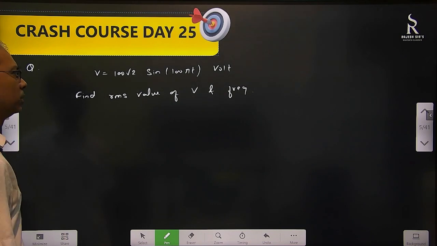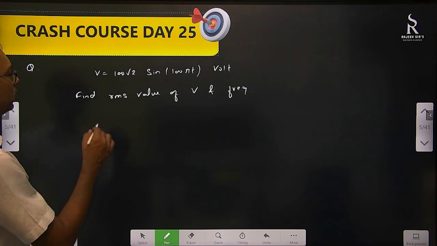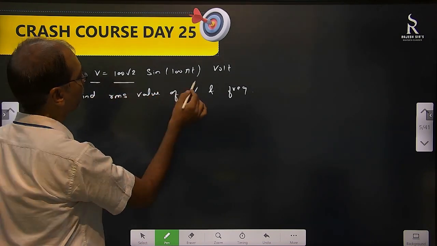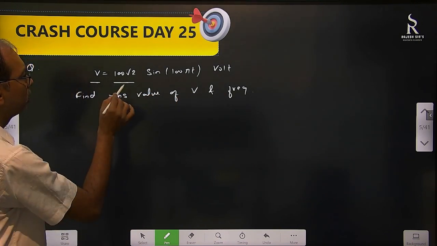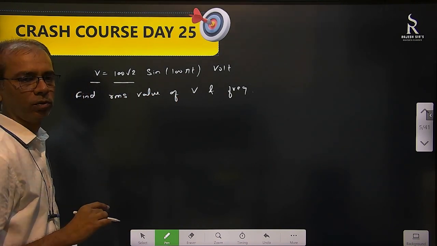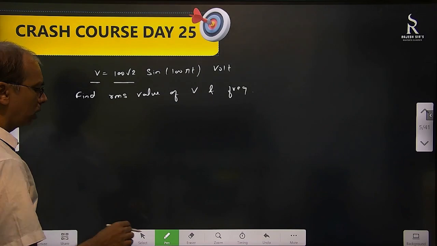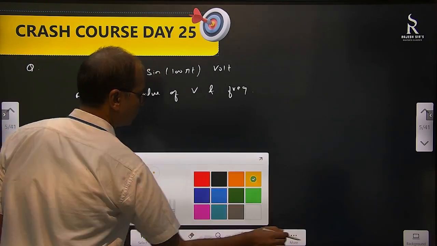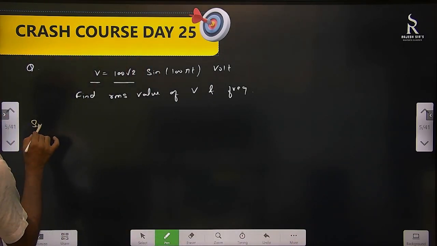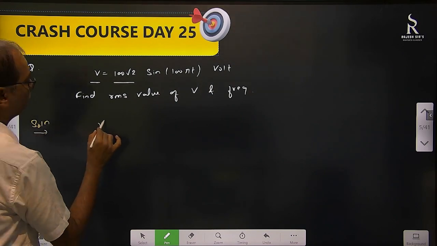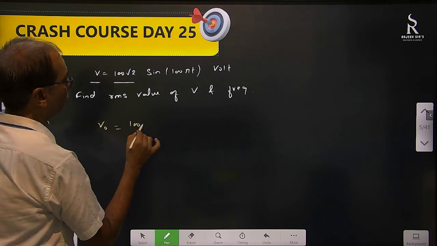Let's see the first question then. It's given that V equals 100 root 2 sine 100 pi t. Now in this one, 100 root 2 is its maximum value, V naught, which is 100 root 2 volt.